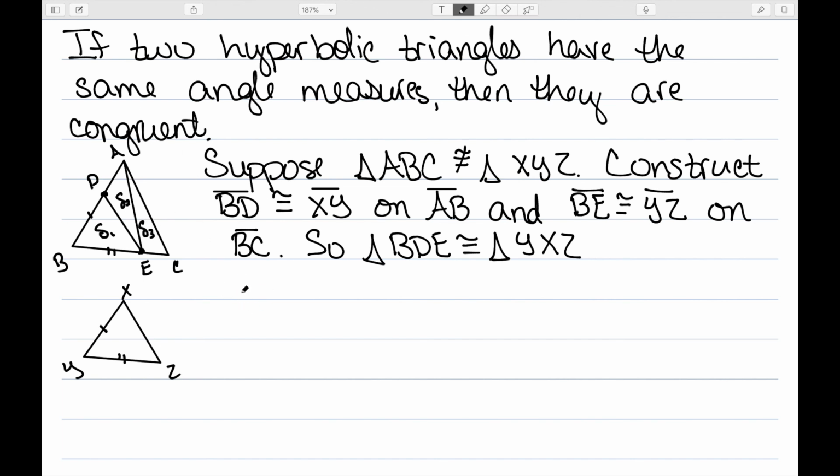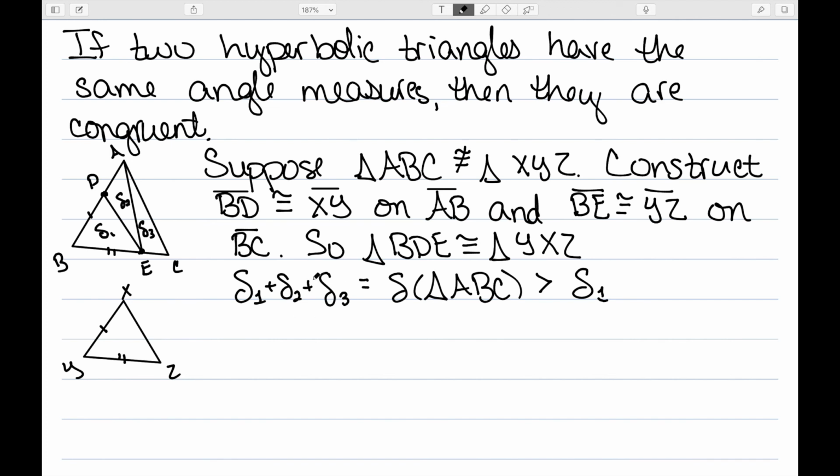We therefore have that defect 1 plus defect 2 plus defect 3 is going to be equal to the defect of triangle ABC by the additivity property, and this needs to be greater than defect 1, since I took defect 1 and added some extra stuff.